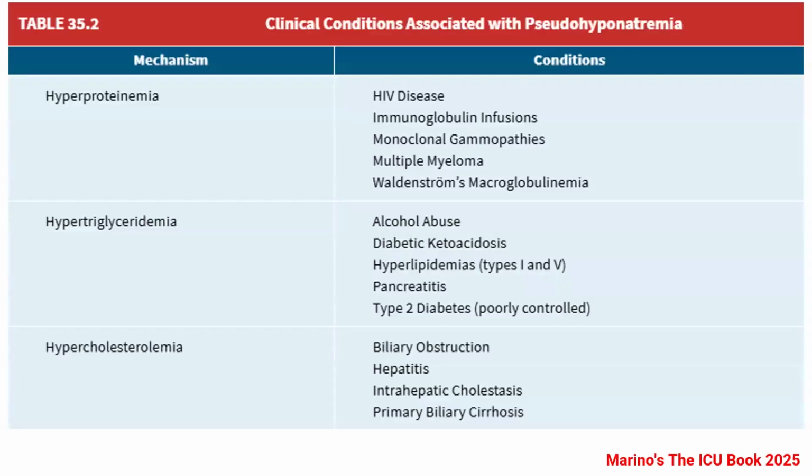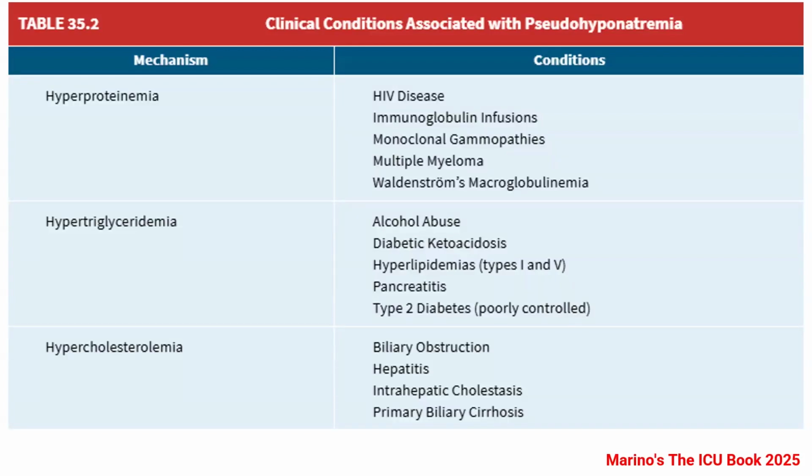What are the conditions associated with pseudohyponatremia? Hyperproteinemia that could result from HIV disease, immunoglobulin infusions, monoclonal gammopathy, multiple myeloma, and Waldenstrom's macroglobulinemia. Hypertriglyceridemia can present in alcohol abuse patients, diabetic ketoacidosis, hyperlipidemias, especially type 1 and 5, pancreatitis, and poorly controlled type 2 diabetes.